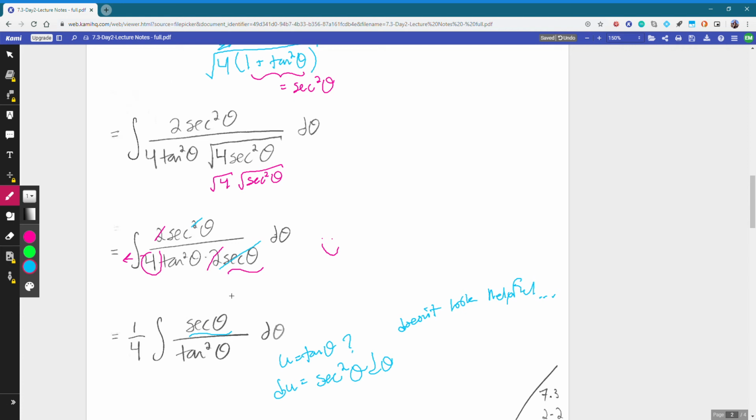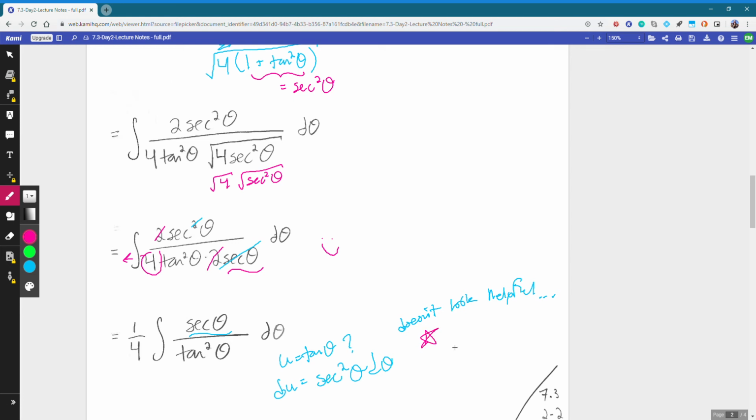If you said writing everything in terms of sines and cosines, then that is a great idea. One of the things we talked about in 7.2, looking at our trig integrals, is that sometimes if we have tangents and secants in our function, one way to make progress can be to write everything in terms of sines and cosines and hope that what we're left with at the end of the day is something that we can handle.